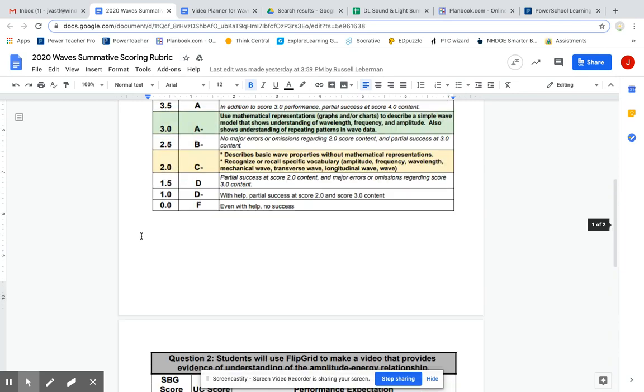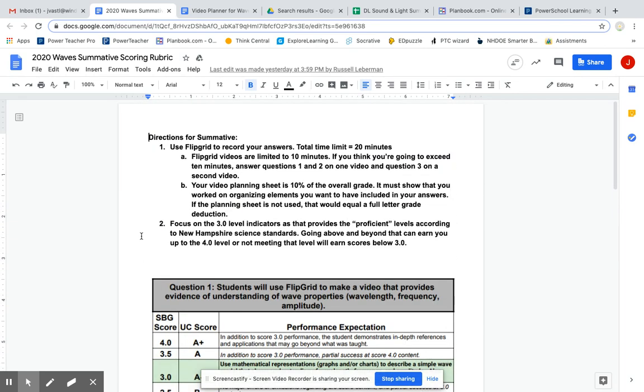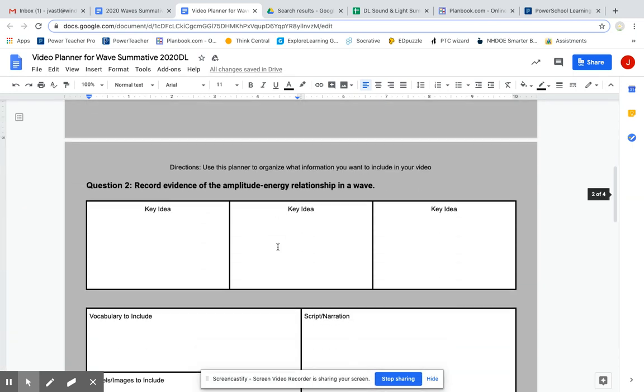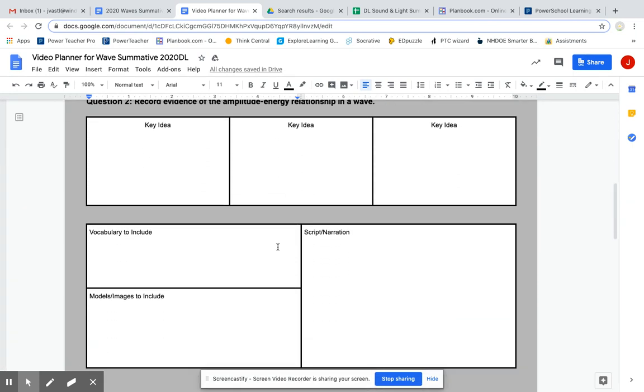Okay? And your schedule for the summative, this is what I would like you to do. So on Thursday, you are going to fill in this document for question 1. Okay? Friday, you're going to fill in this document for question 2.